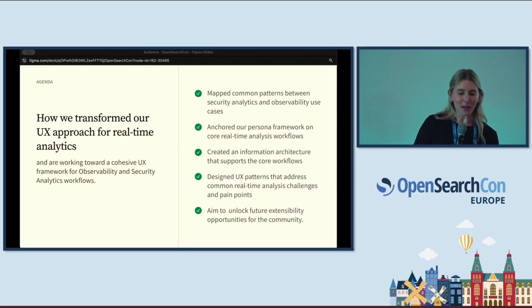We designed some UX patterns that address the common real-time analysis challenges and pain points, and we'll get into describing those in a little. And lastly, we're looking forward to unlock some future extensibility opportunities for the community, and we're excited to hear your feedback for how you might extend our approach.